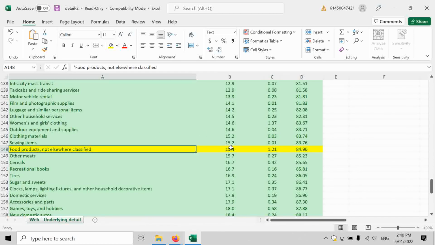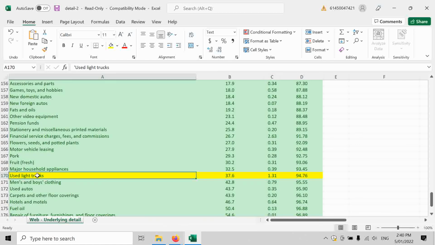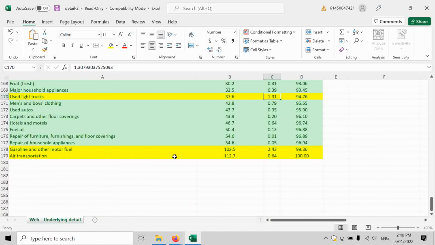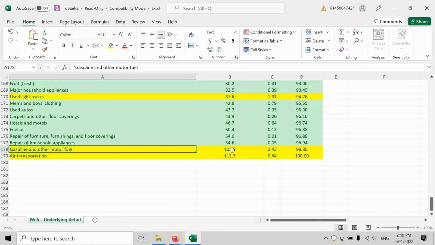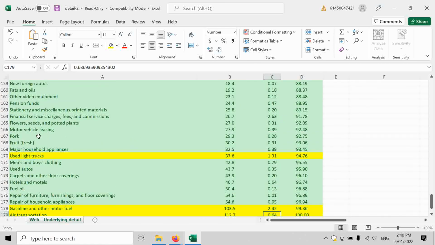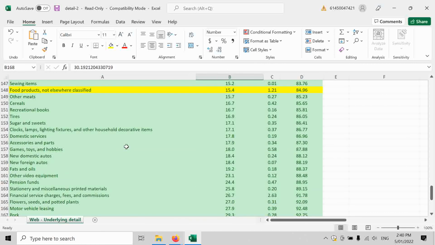Food products, high inflation, high weight, excluded. Used light trucks, high inflation, high weight, excluded. Gas and motor fuel, extremely high inflation, very high weight, excluded. Air transportation, high inflation, medium weight, excluded. Pork, high inflation, excluded. Fruits, high inflation, excluded.